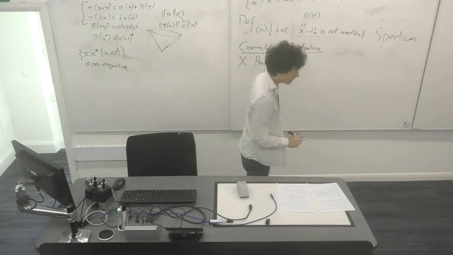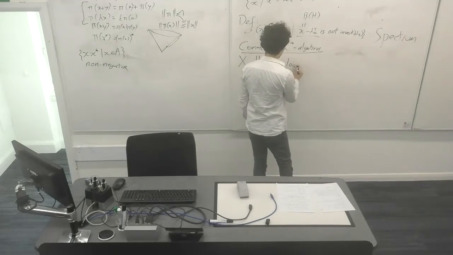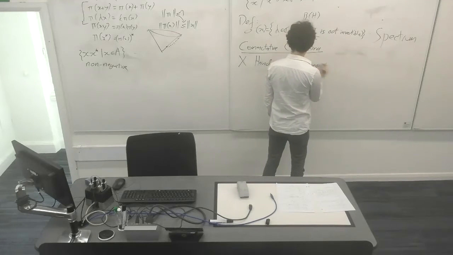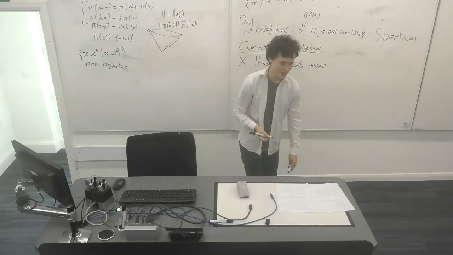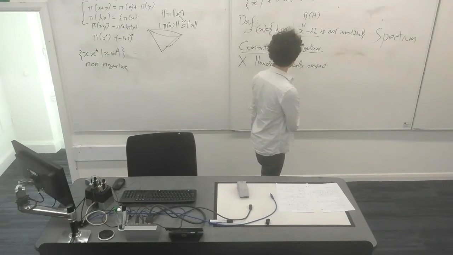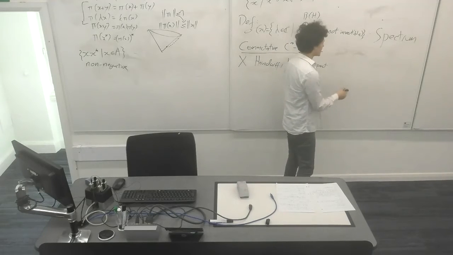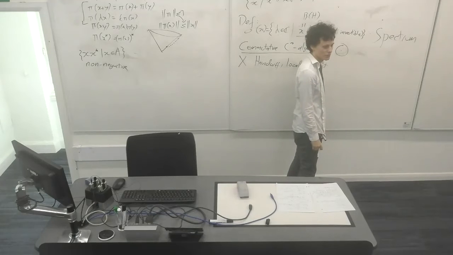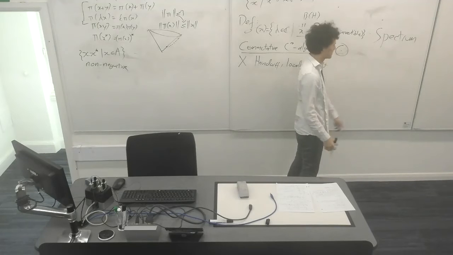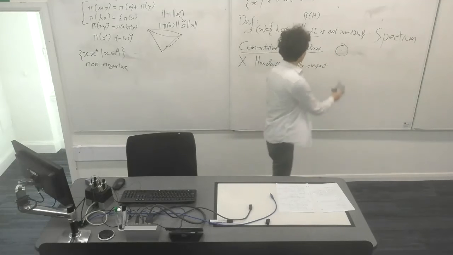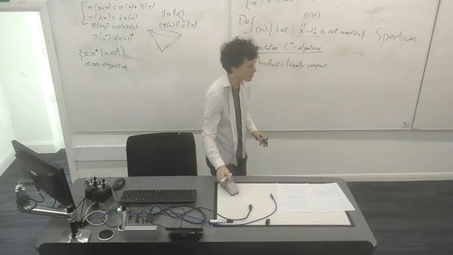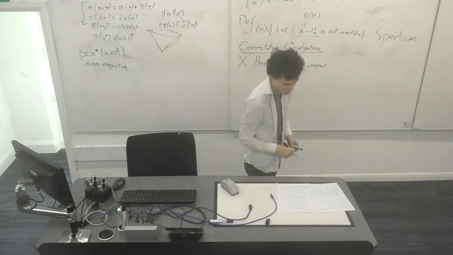It's also locally compact. You know what compactness is. Very simply, every point has a compact neighborhood. Sometimes things that are local are very complicated to talk about, but here every point has a compact neighborhood.